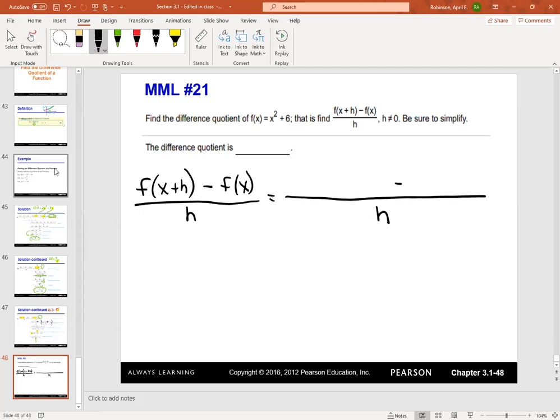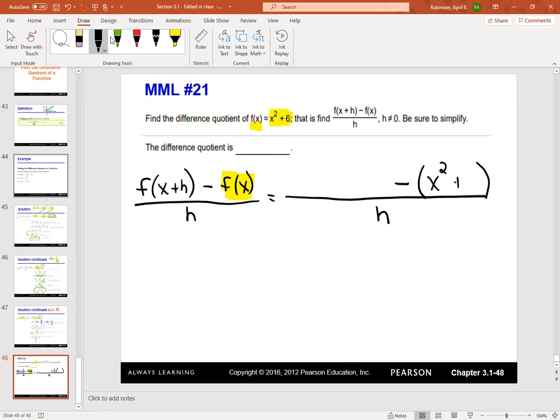Now behind the minus sign, I have f of x. Well, f of x is x squared plus 6. So back here, you have to put it in parentheses because it is behind the minus sign.